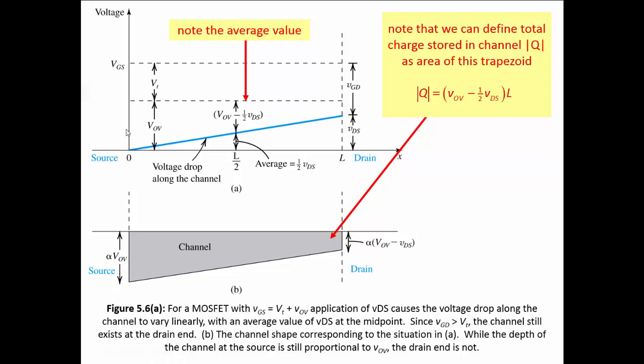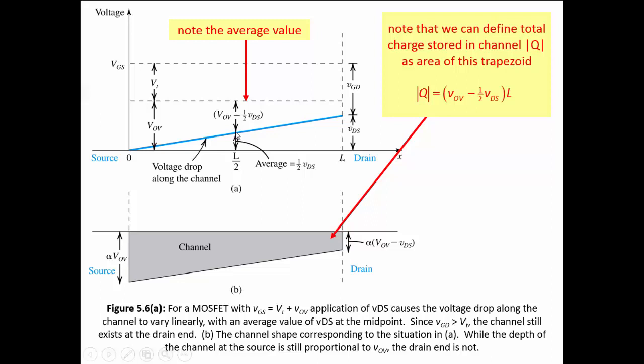So the depth of our channel is proportional to this distance here. This line, the blue line, is the voltage at the location X. X is our variable that indicates the position along the channel. We go from 0 volts up to a voltage of VDS, or 0.8 volts, at the point that we reach the drain.